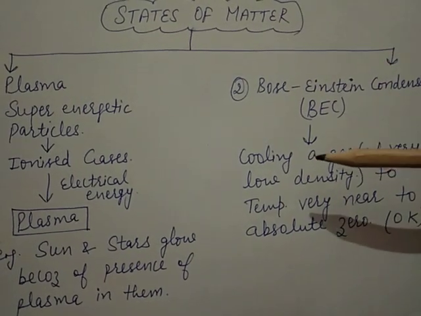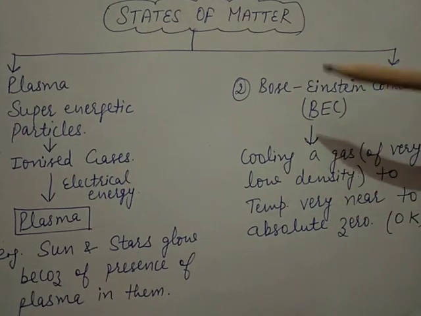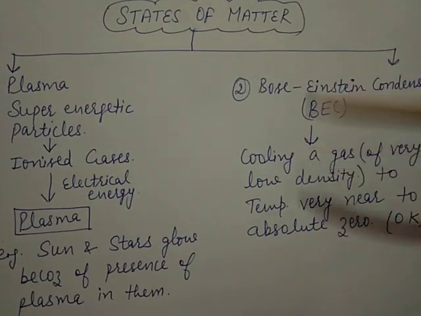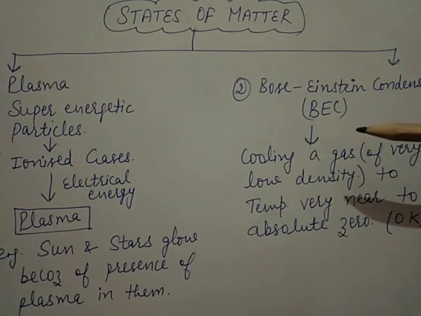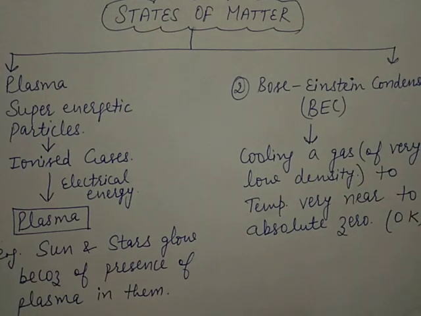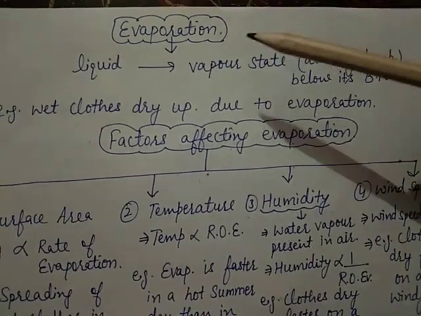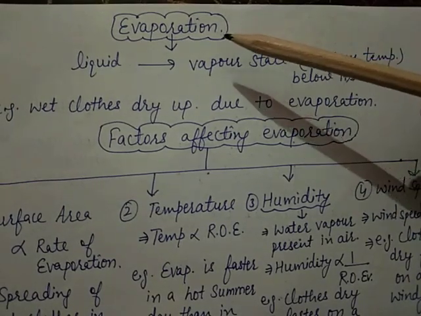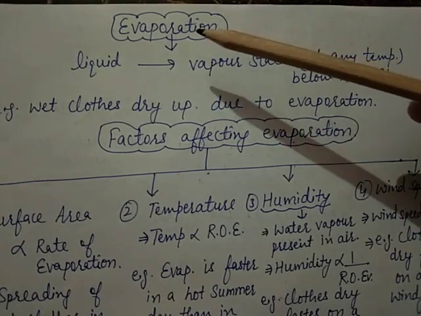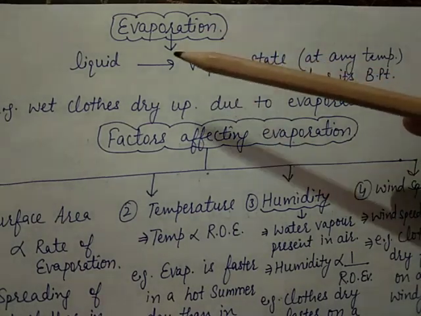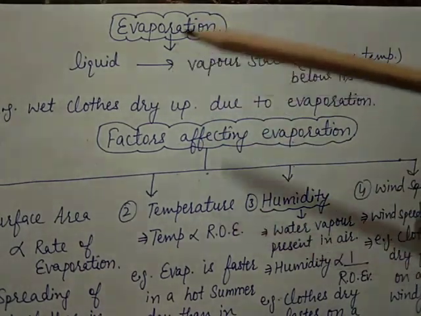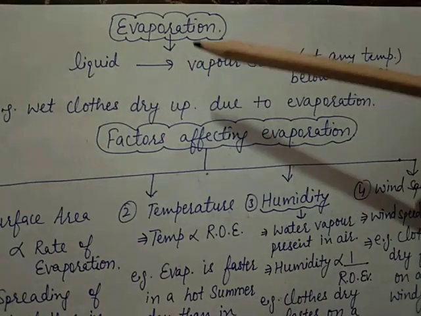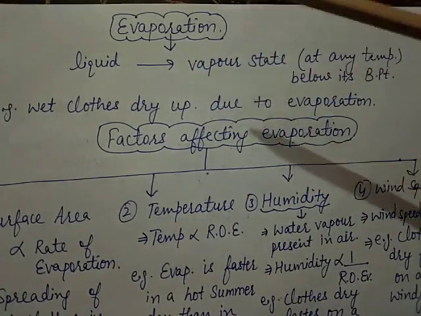Now one more question arises from this chapter. What is the difference between boiling and evaporation? First, evaporation. Evaporation takes place when the liquid is placed in an open container at any temperature below its boiling point.